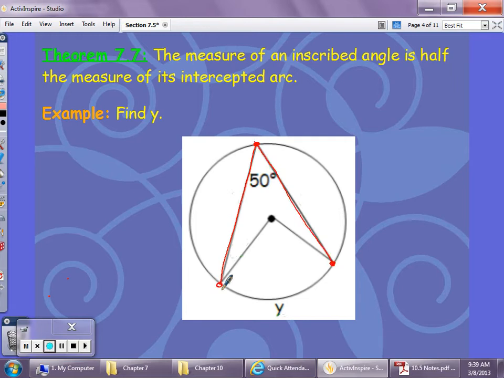So the arc created by those two chords is going to be our intercepted arc. If the measure of an inscribed angle is half the measure of its intercepted arc, it means that the intercepted arc must be twice that of the inscribed angle. So if the inscribed angle is 50 degrees, the intercepted arc is going to be twice that amount, which is 100 degrees.